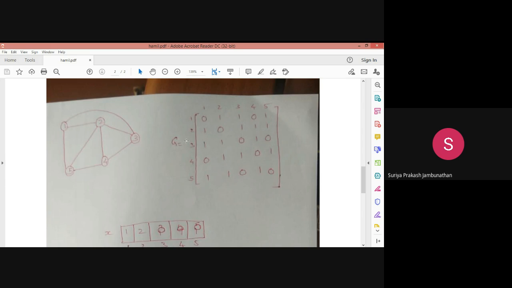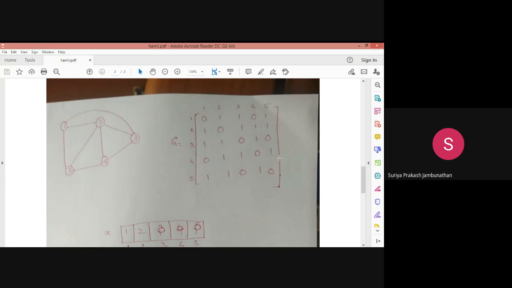When you take vertex 3, what happens? We do not have a path for the self loop. 3 to 3 is not there, and 3 to 5 also is not there. The remaining nodes are connected, so we put 1 there. For 4, from 4 to 4 there is no self loop, and 4 to 1 also there is no direct path, so we put 0 for those 2 positions.